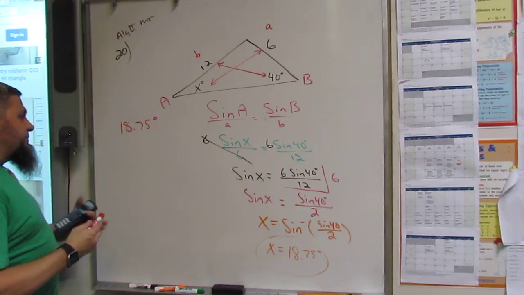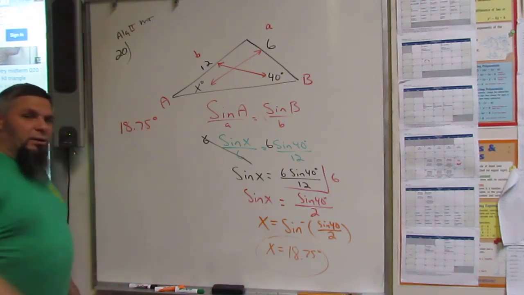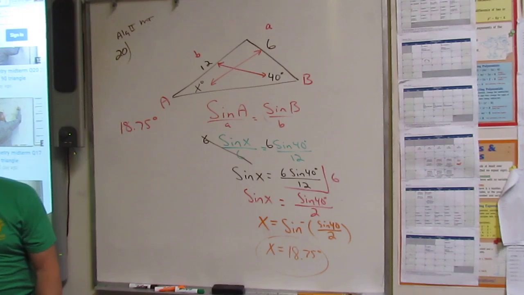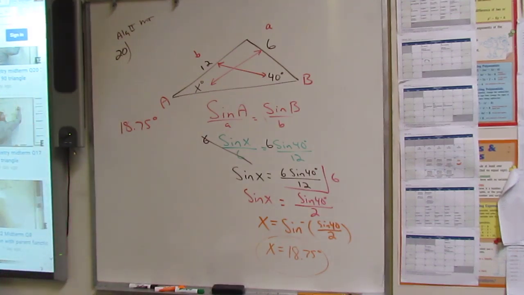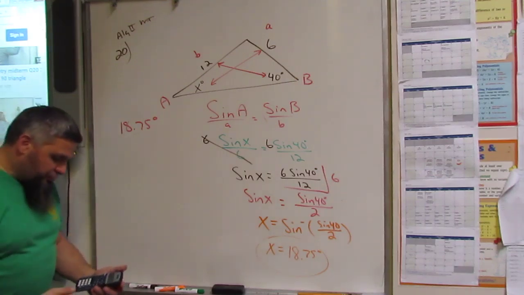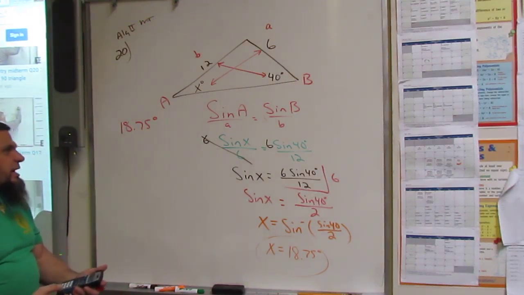So what I need to do is I need to divide that 75 by 60, right? See how many minutes are in there. Okay? So we have 0.75 times 60.